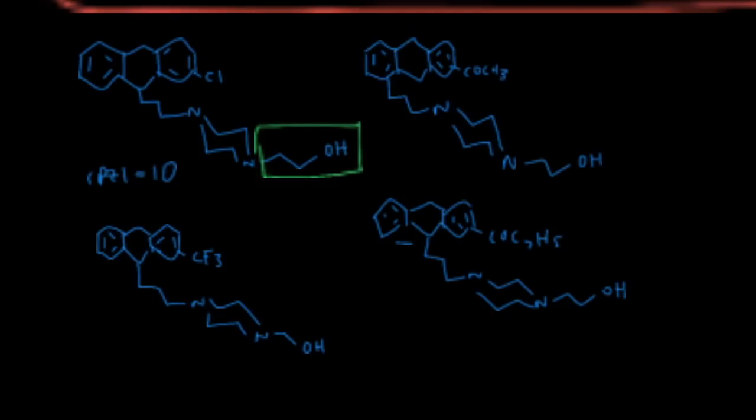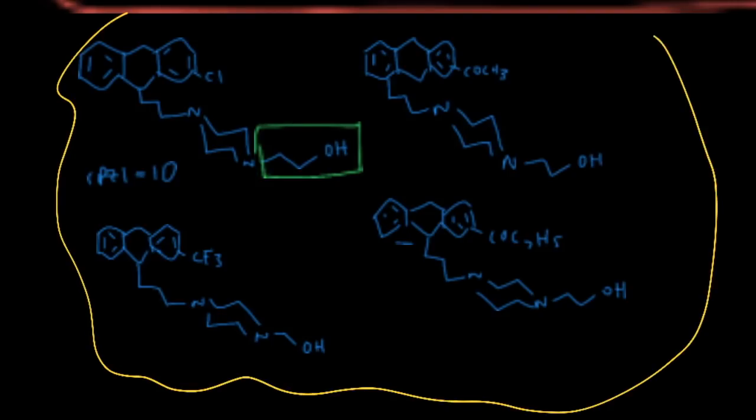Would you expect the bottom to be more potent or less potent than the top one? If so, how big or how small would you expect the CpZi value to be? Put it in the cloud when you think. Okay, so since CF3 is more electron withdrawing than Cl, you expect this to be more potent. Therefore, your CpZi value for this would be greater than 10.